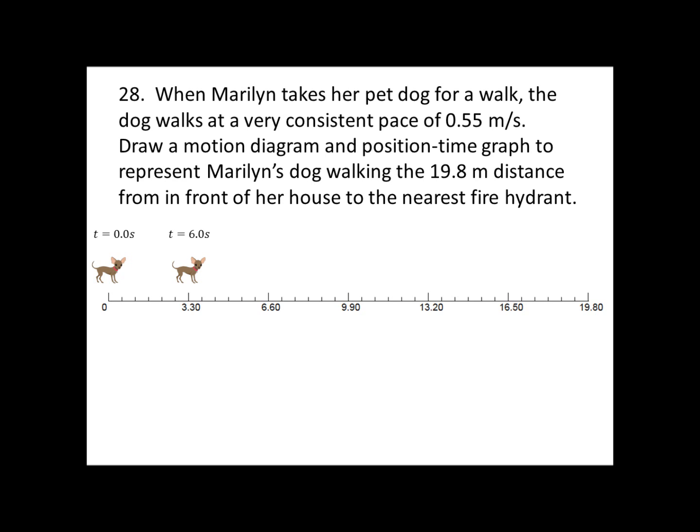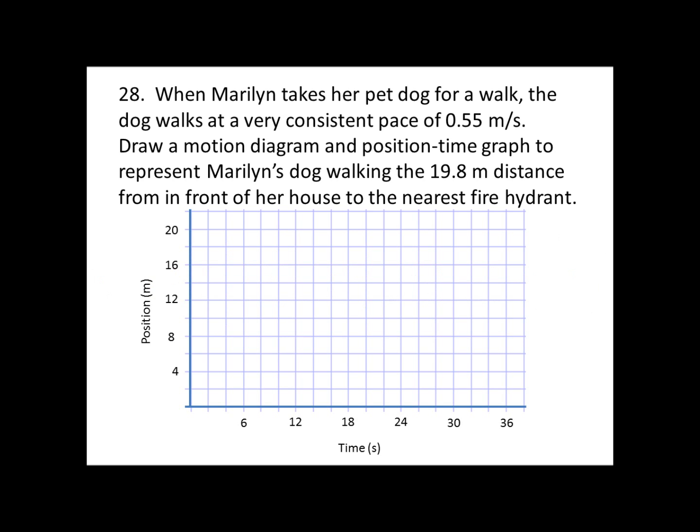But you're going to see a dog for every 6 seconds of motion. So it turns out that it takes 36 seconds for the dog to walk to that nearest fire hydrant. So we see a dog for t=0, t=6, 12, 18, so on, all the way up to the 36 seconds to go the 19.8 meters.